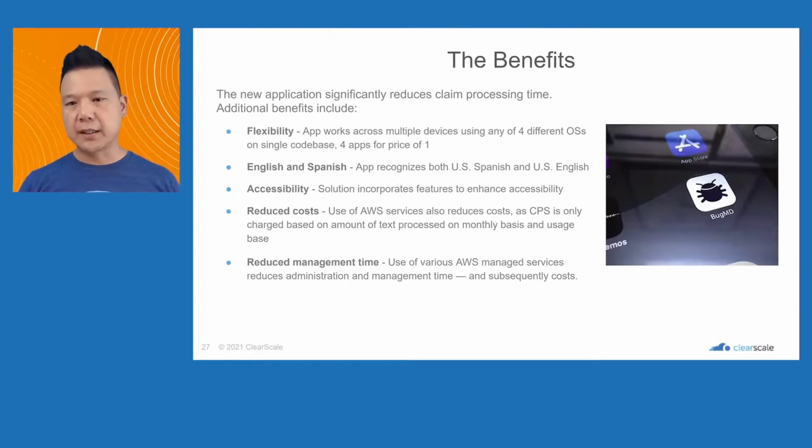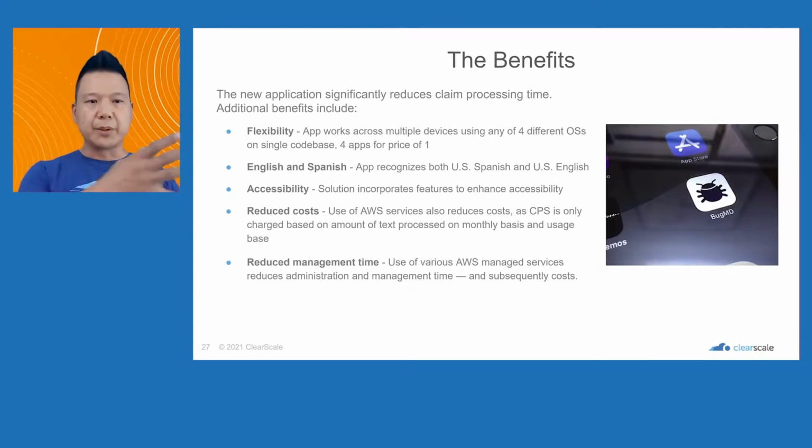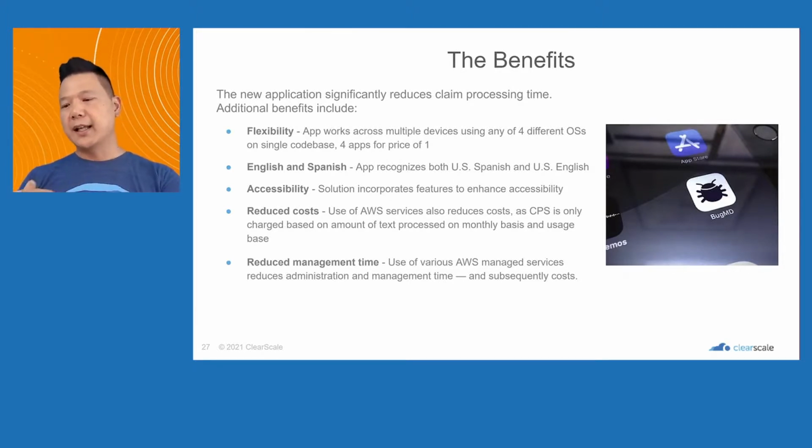So ultimately, the benefit for Creative Practice Solutions is we've taken something that was a large development effort in the past without AWS serverless solutions and AI services to build something that can translate Spanish to English, figure out medical terms, do some processing with fuzzy logic to map them to billing codes, and then create resulting sets.